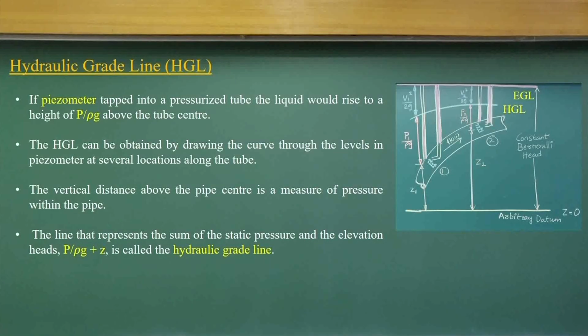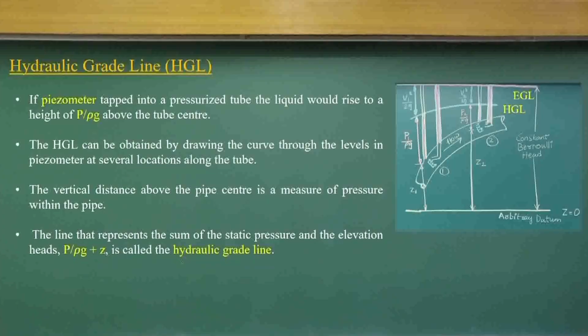So, whenever we design pipe flow or channel flow, we need to draw the energy gradient line and the hydraulic gradient line. That is what I have explained. The hydraulic gradient line is the sum of the static pressure and the elevation, and the vertical distance above the pipe center is a measure of the pressure within the pipe.